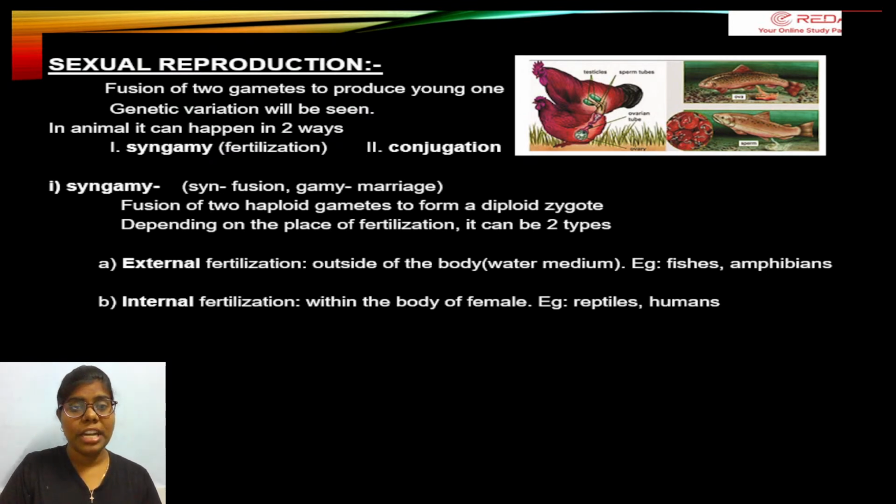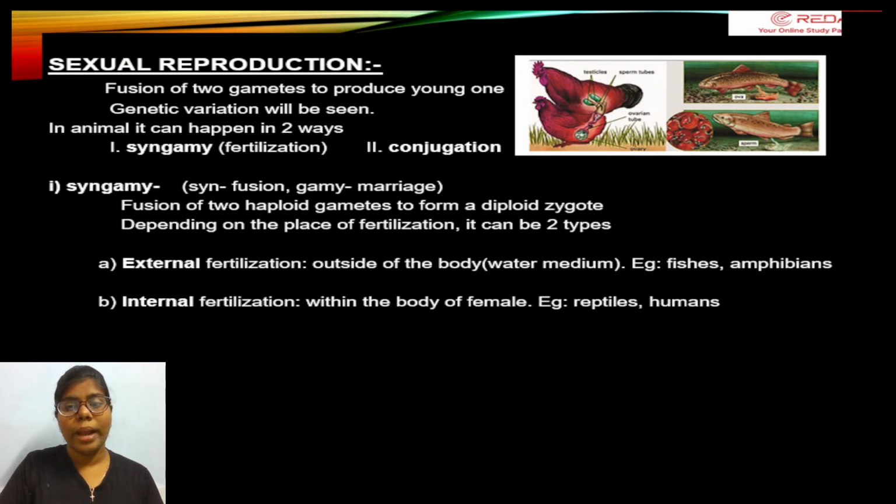So external fertilization னா என்ன? வெளியே. So bodyக்கு வெளியே நடக்குது. So most of the amphibians are with this kind of external fertilization. That is fishes, amphibians, எல்லாருமே frog, இவங்க எல்லாருமே water mediumல தான் they will reproduce. Example, the picture which I have given here, see here.